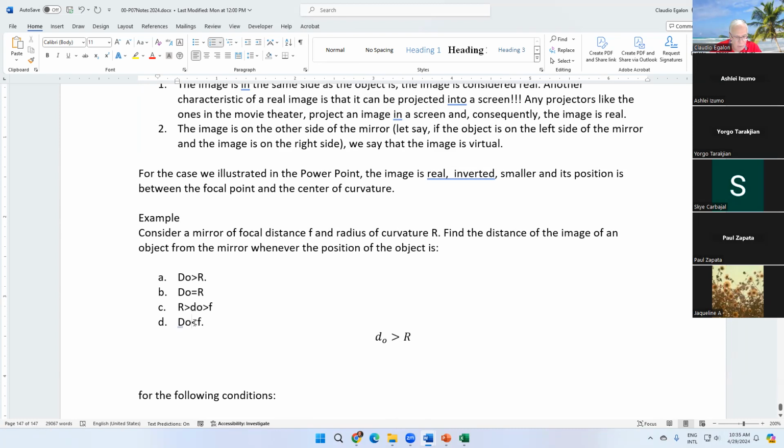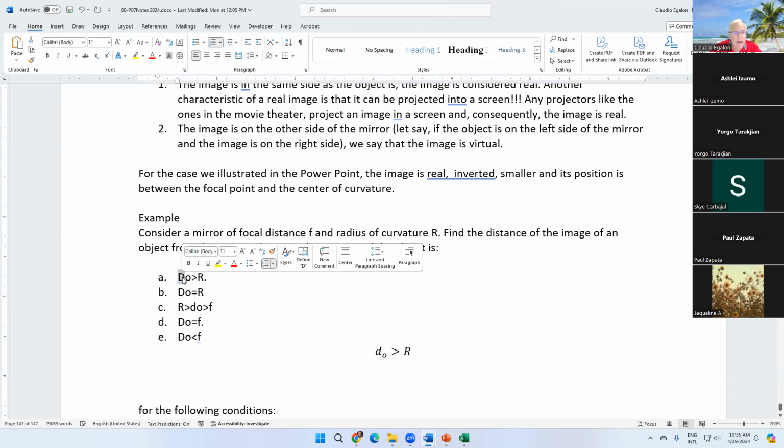We still have one more here. d_o equal to F. d_o less than F. Okay, and now I gotta put a lowercase here.